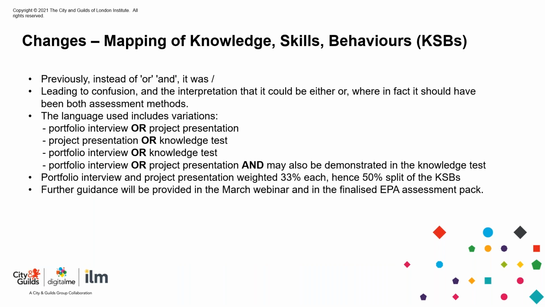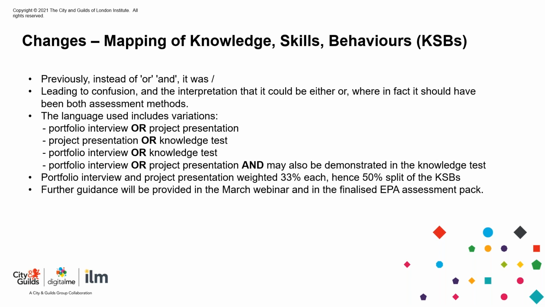Okay, so for those of you with a keen eye, you may have noticed in AP03 as well the wording. So we mentioned before about the mapping of the knowledge, skills and behaviour in the assessment plan. Previously, instead of or and, it did actually have a slash. So some of the examples would say the knowledge test and the project, or knowledge test and portfolio, or portfolio and project, for instance.